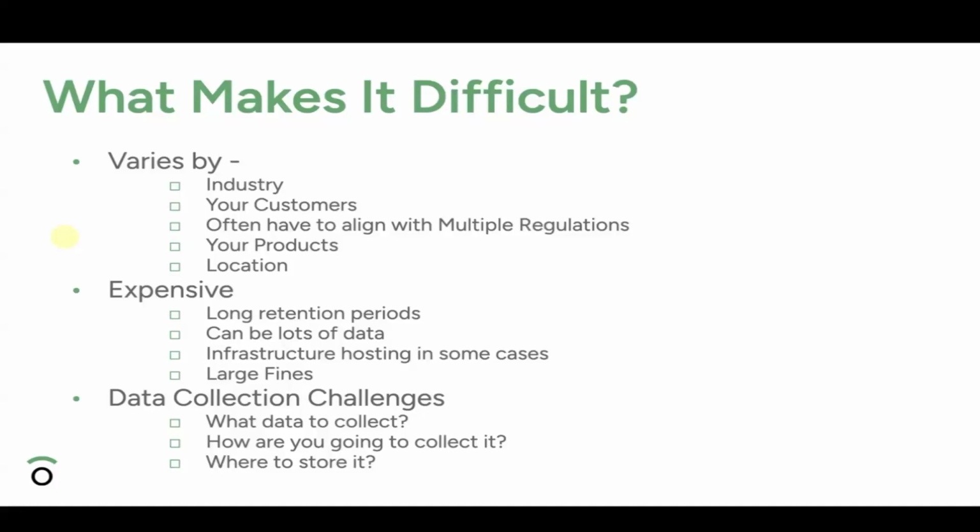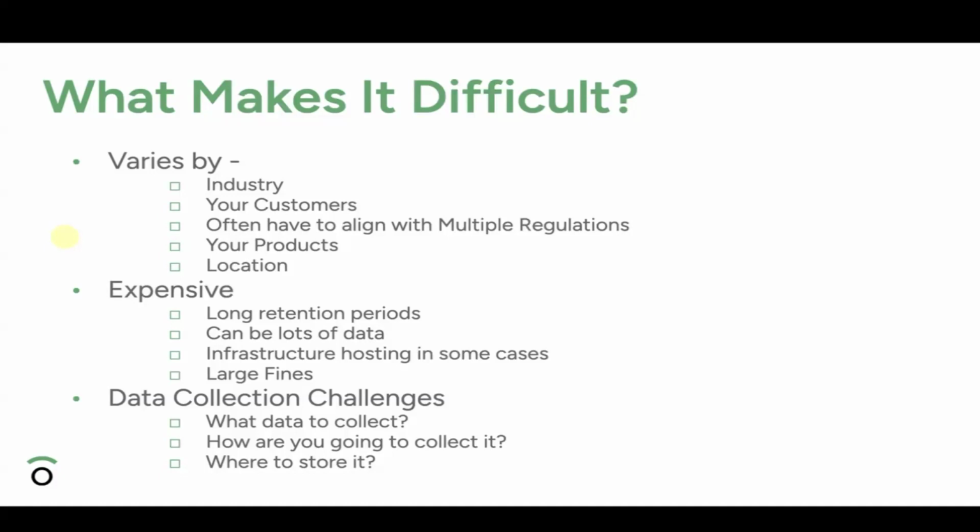As a matter of fact, your own customers can have an impact on what regulatory compliances you should be adhering to. You could have multiple regulations. You could have a different type of tool stack in your product stack, which could mean the products we're offering require us to align with multiple regulations because of the type of customers we serve, and then of course location.